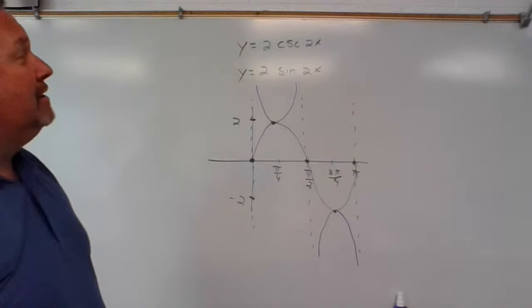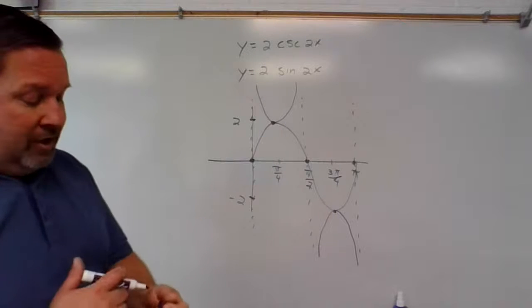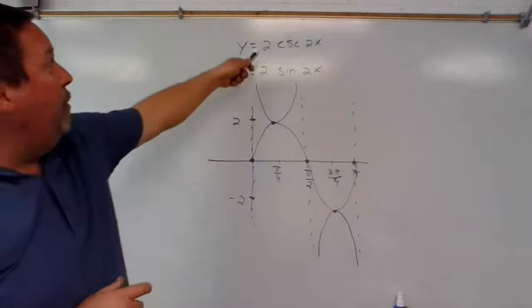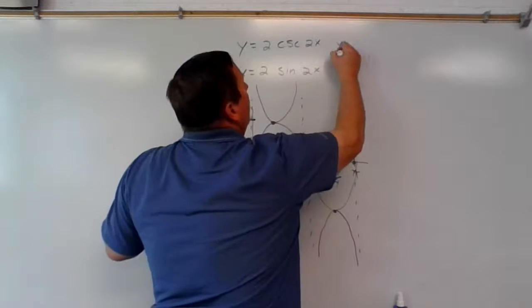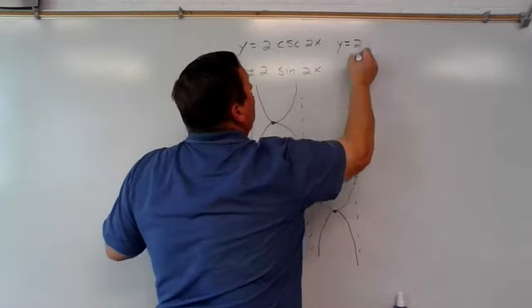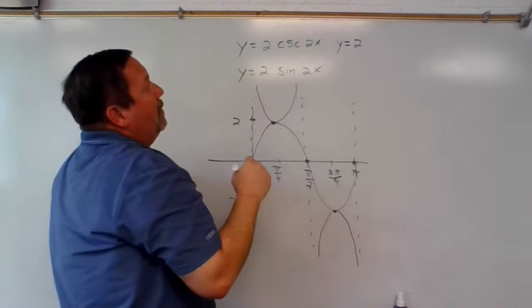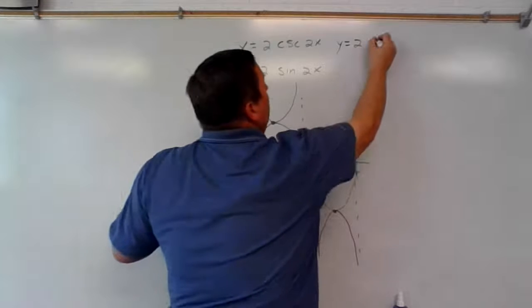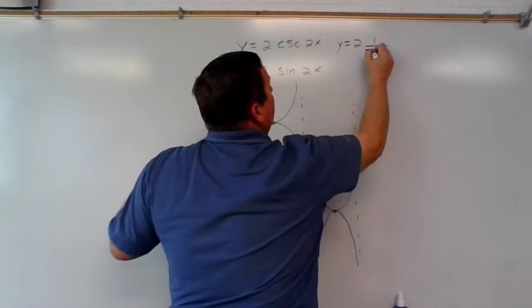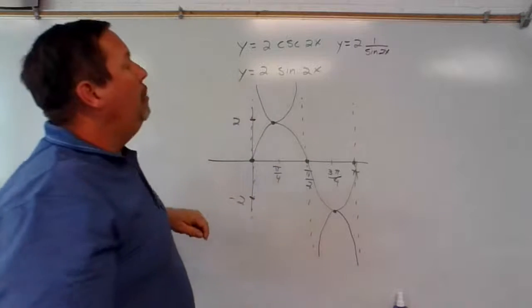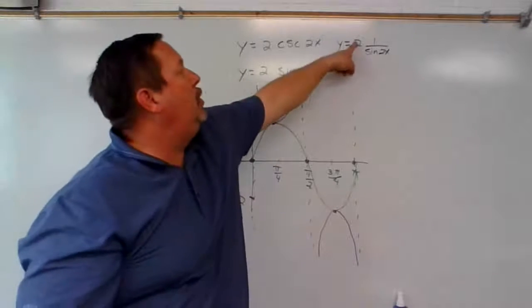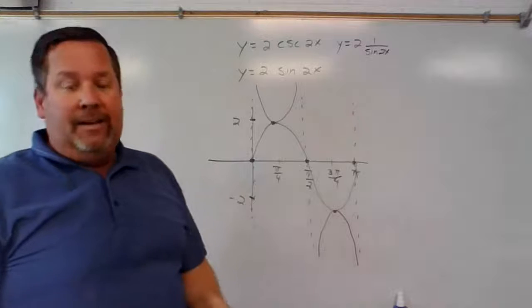If you want to use your calculator, right? If I wanted to graph this, I would do y equals 2, and then I would have 1 over sine 2x. So I hope you can see it would just be 2 divided by sine 2x.